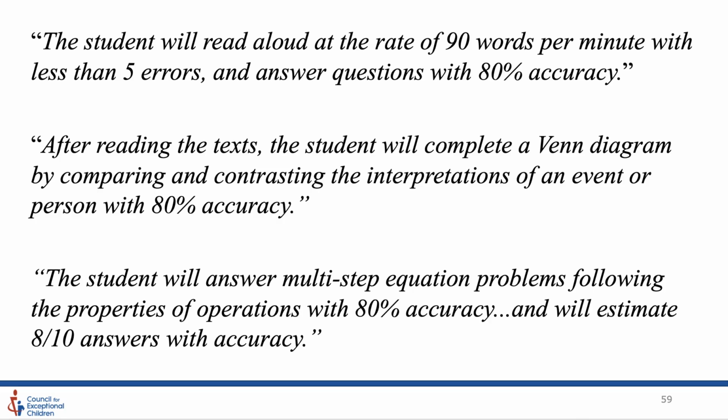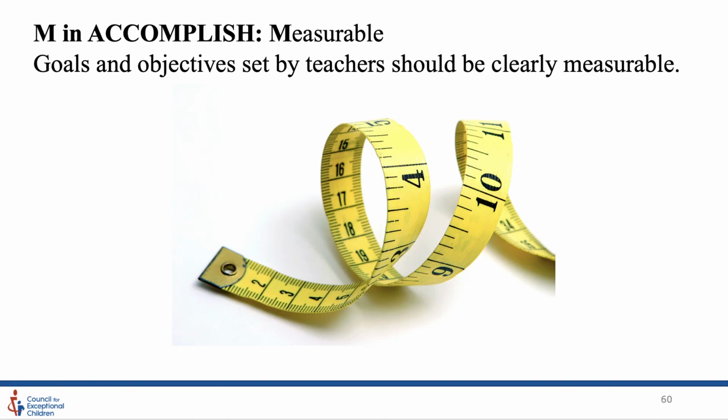We want goals to be written like these samples that we're showing here, that the student will be able to be measured in a very specific way on a very specific kind of measure, both the accuracy and or the errors counted. We want everything to be measurable.